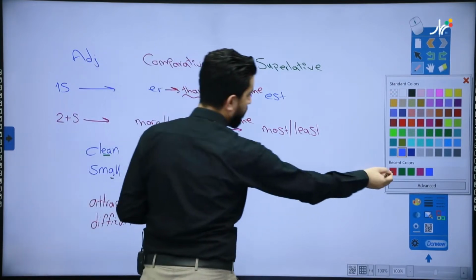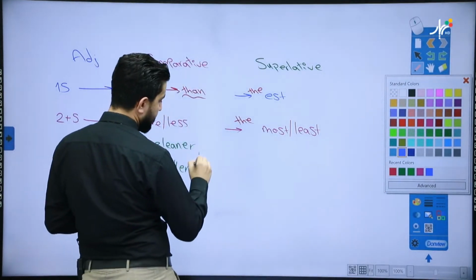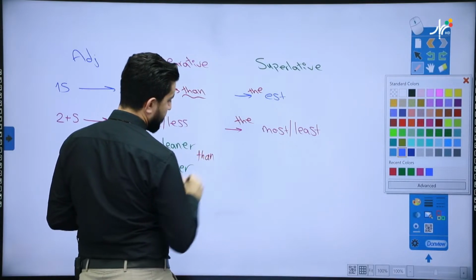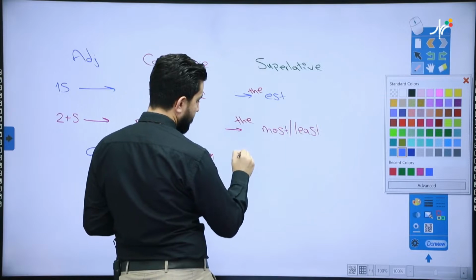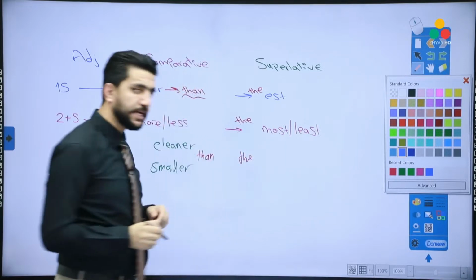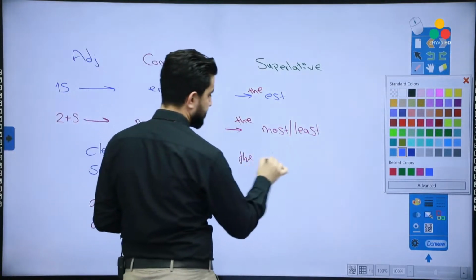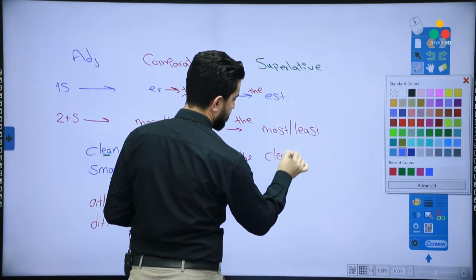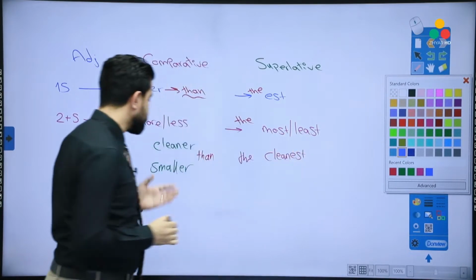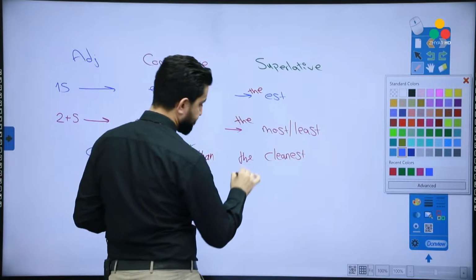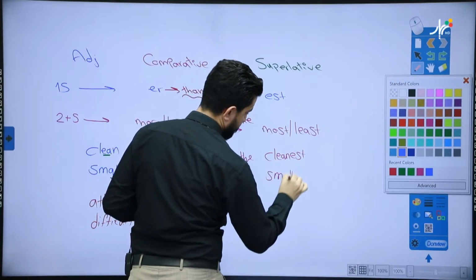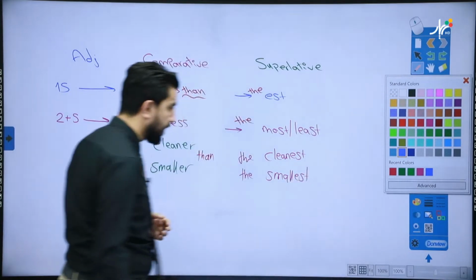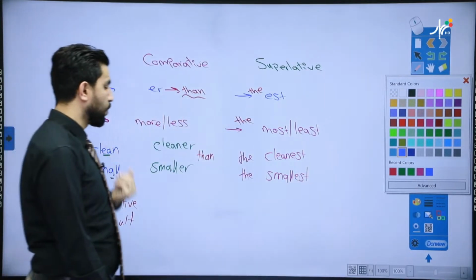Smaller than, cleaner than. We use than, of course. But here, what do we say? The most clean? No, the cleanest. The cleanest, okay? Or you can say the smallest.